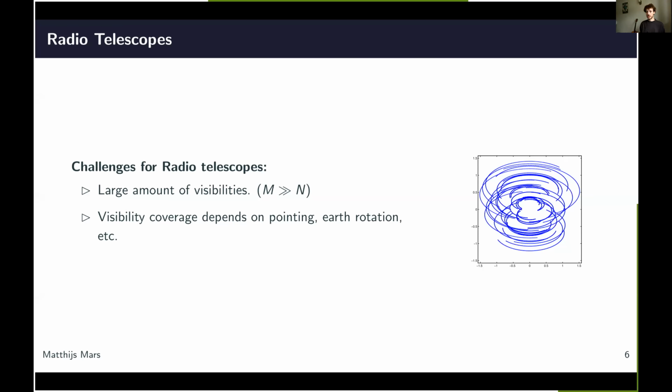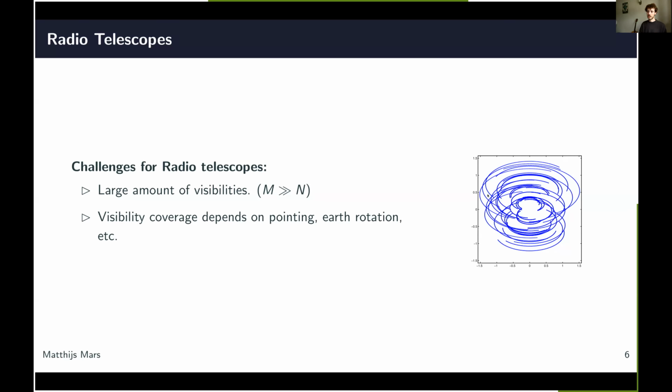So depending on where your source is on the sky, your visibility coverage changes, but also these observations typically go on for hours, so what they actually do is use the rotation of the Earth to change the configuration slightly. You can see that in the visibility coverage on the right: all these trails are basically one baseline that is being changed because the Earth rotates.